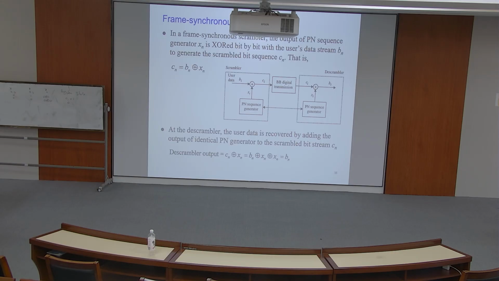Here is the PN sequence generator, and both are identical. At the descrambler, the user data is recovered by adding the output of an identical PN generator to the scrambled bit stream C of n. You get C of n plus X of n, and we know what X of n is, so just place that X of n. These two will cancel, so we get D of n.